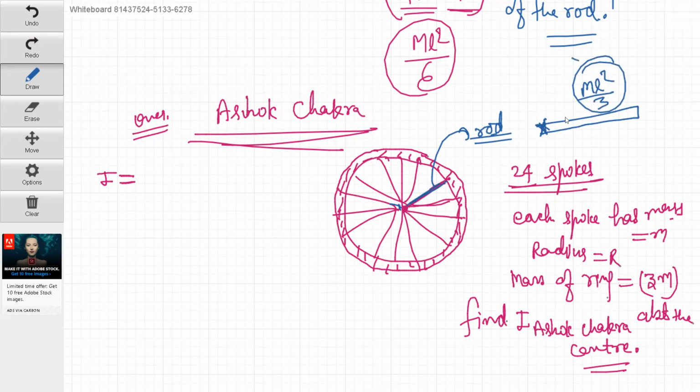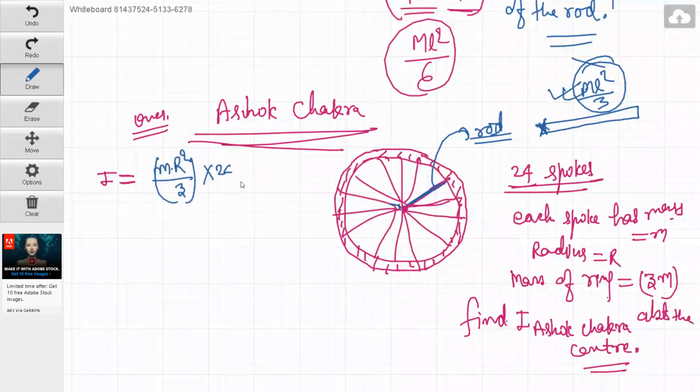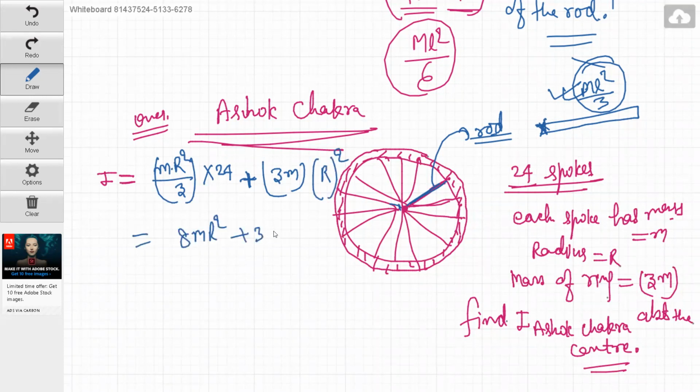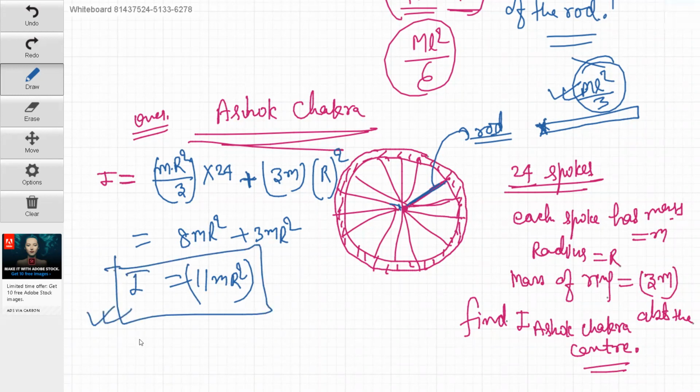There are 24 such spokes, so multiply it by 24. Plus, the moment of inertia of a ring is mr square. Mass is 3m, radius is r, so 3m into r square. So it will be 8 mr square plus 3 mr square, that is equal to 11 mr square. So we can calculate the moment of inertia of even Ashok Chakra, the symbol of our country.